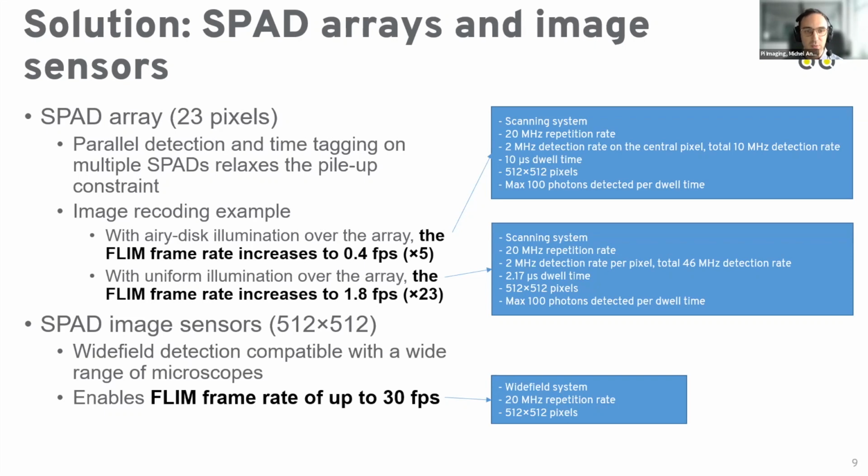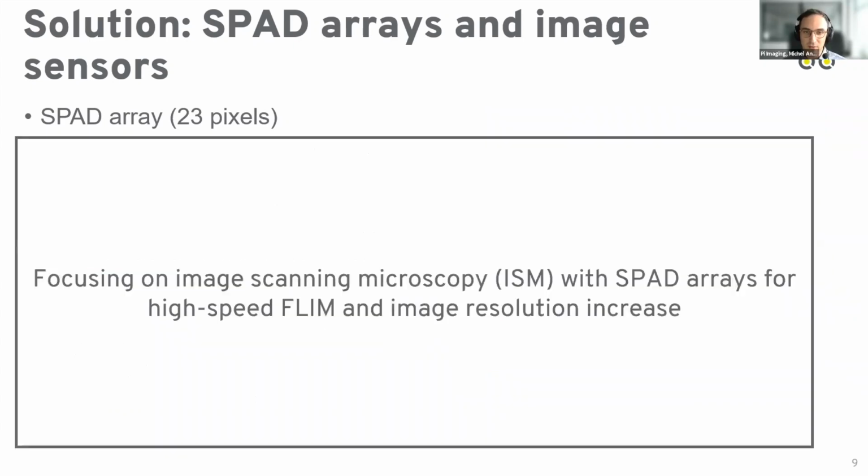And now in the specific context of the collaboration and application use with PicoQuant, I'd like to focus here on the airy disk illumination and enabling image scanning microscopy, which I believe is a very hot topic recently. It enables higher image resolution going beyond the diffraction limit, and of course higher speed of FLIM acquisition.